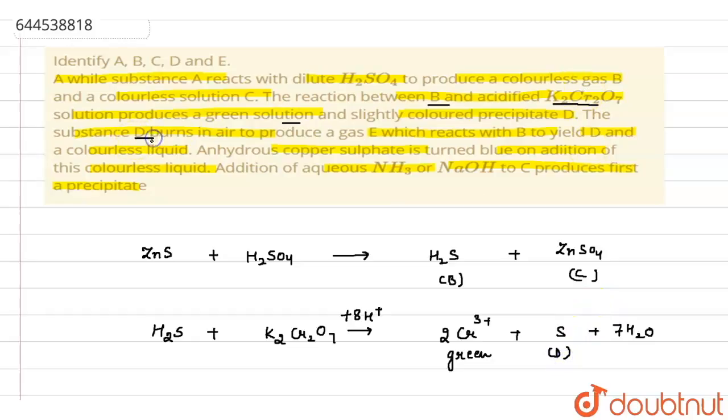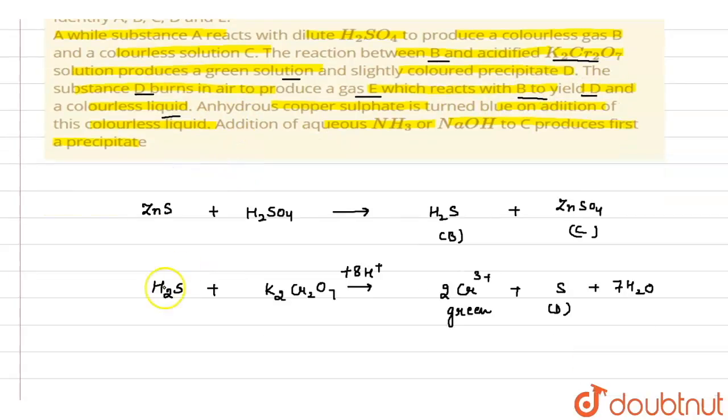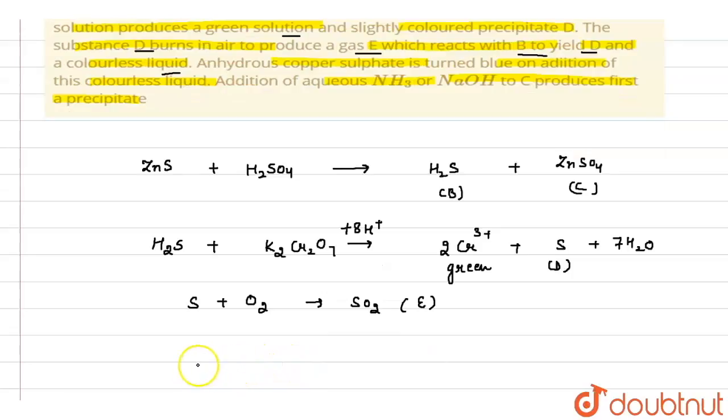The substance D burns in air to produce gas E, which reacts with B to yield D and a colorless liquid. So substance D, that means sulfur, reacts with oxygen to form SO2 gas, which is substance E, and this E further reacts with B, that means H2S, to produce sulfur and water.